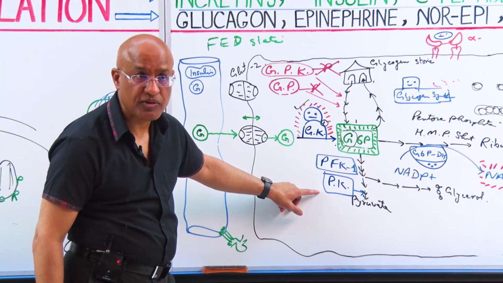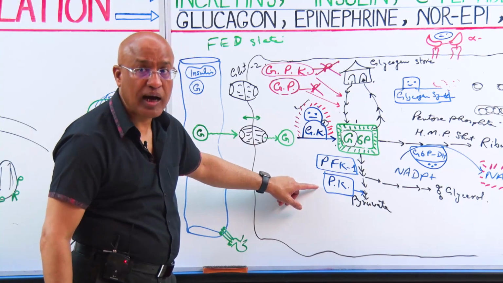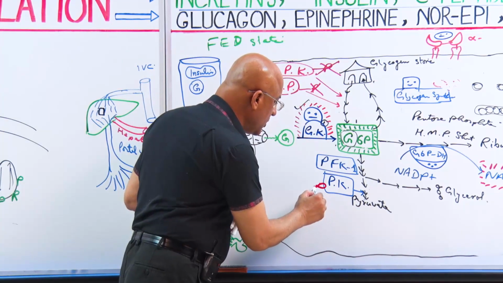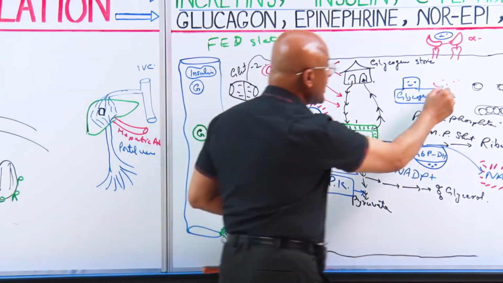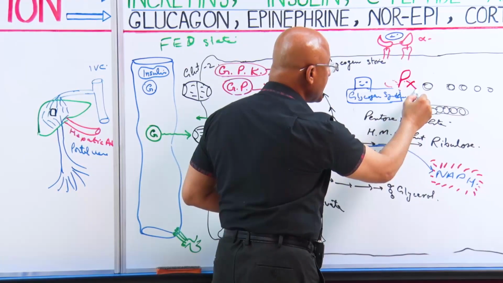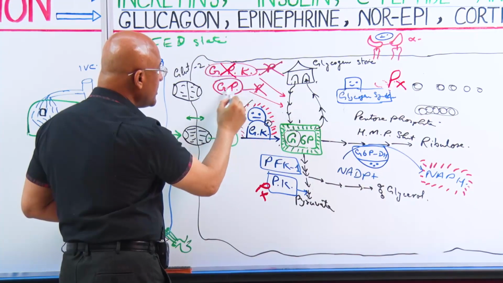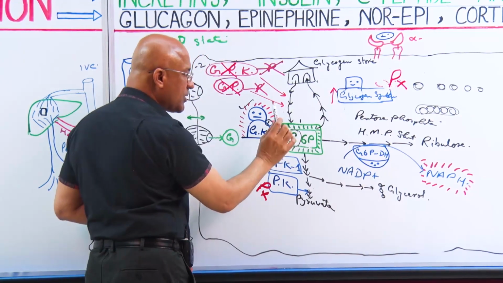Insulin increases the synthesis of this enzyme, and this enzyme is also activated by dephosphorylation. Its phosphate is removed.